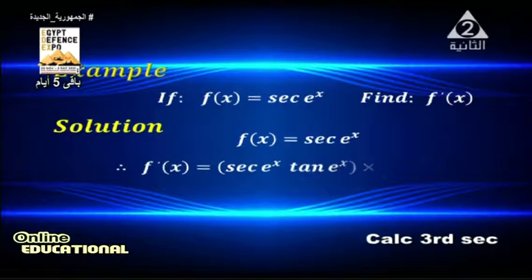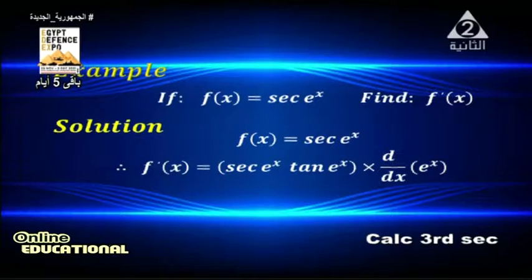Then f dash x equals the derivative of sec e power x, which equals sec tan. Sec e to the power x tan e to the power x times the derivative of the angle, derivative of e to the power x with respect to x.